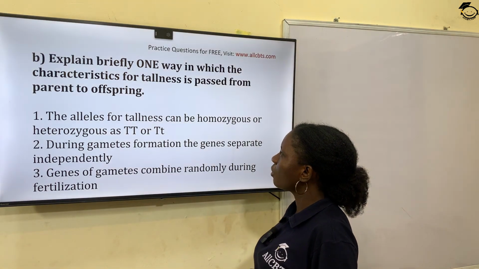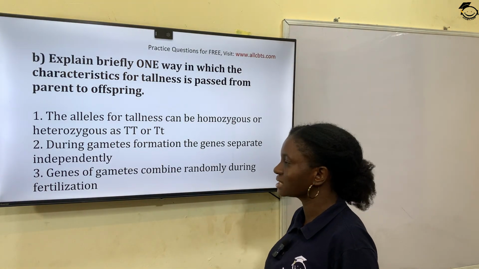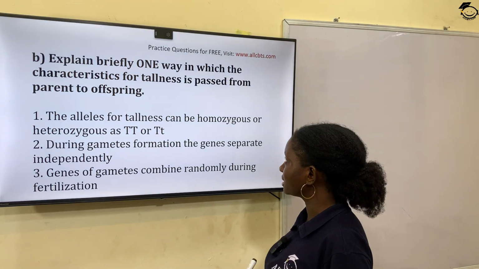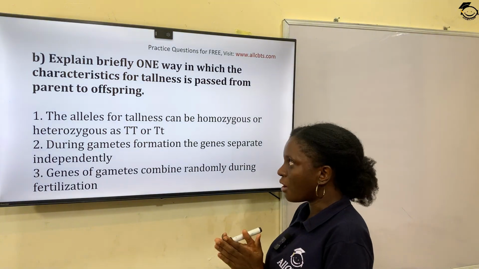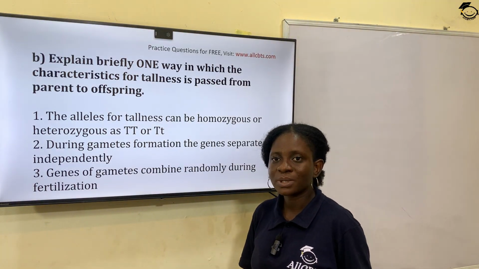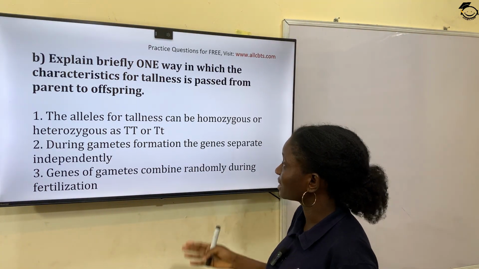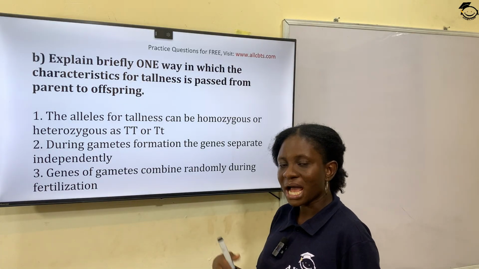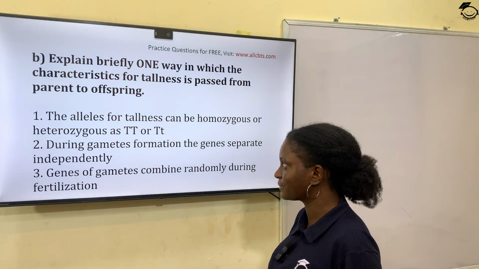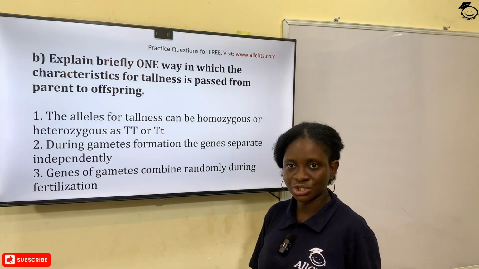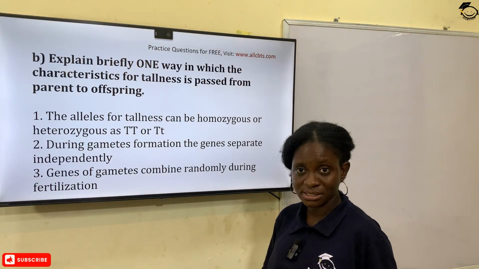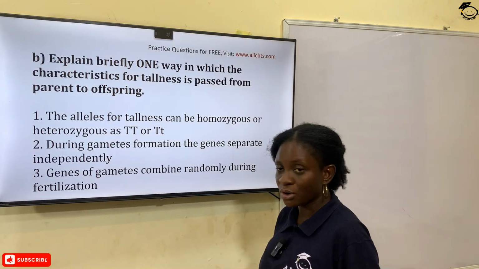Explain briefly one way in which the characteristic for tallness is passed from parent to offspring. So how is the characteristic of tallness passed from parent to offspring? So one, the alleles of tallness can be homozygous or heterozygous.